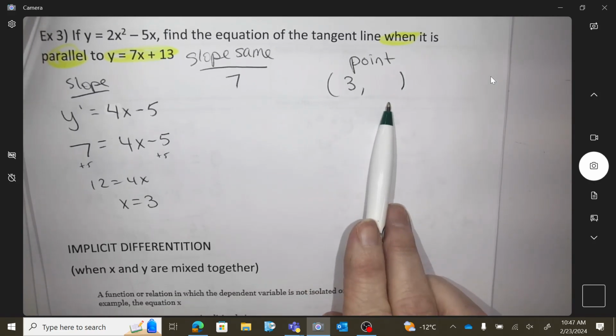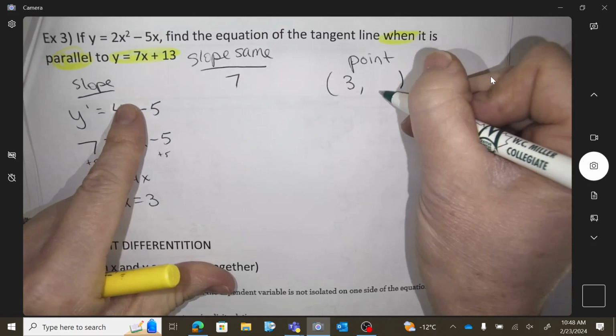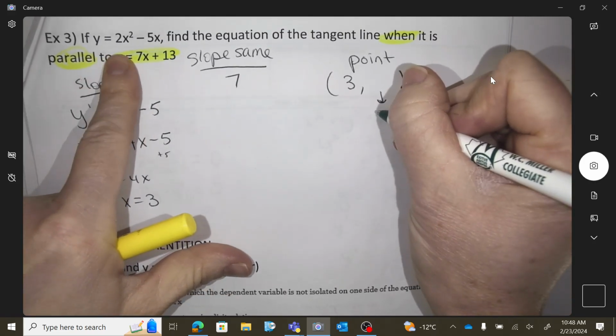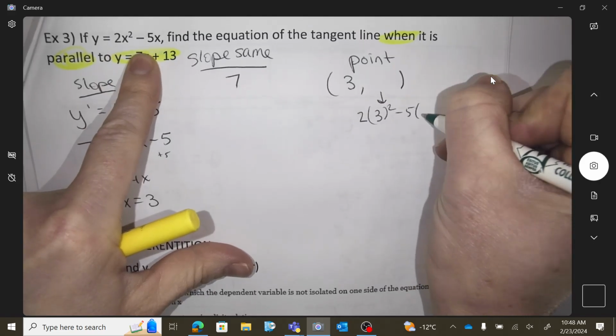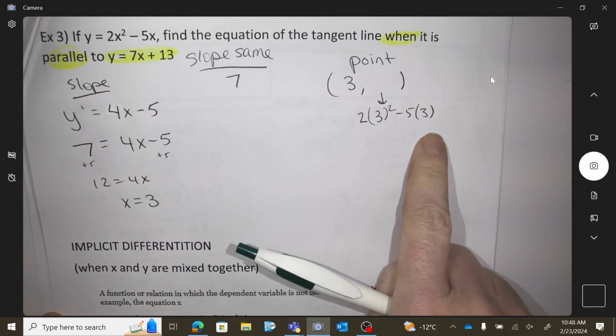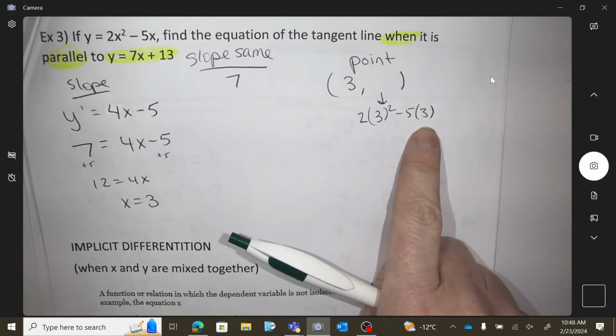Can you get me a coordinate again? 3 comma, and where am I plugging that into? Original. So that's the plug-in. 2 times 9, 18, minus 15.